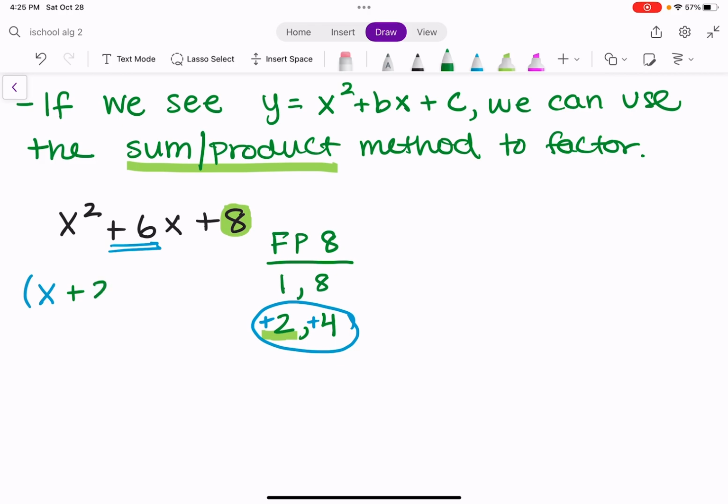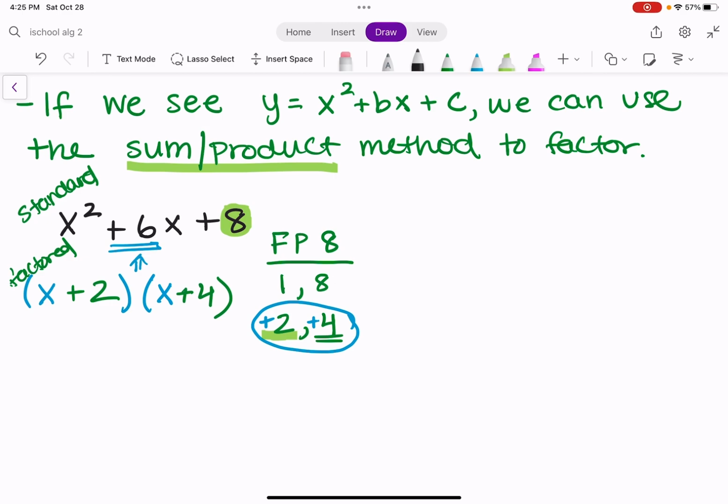So plus 2, and then I have x, and then plus 4, okay? So whatever these numbers are, that's what goes in. And remember, this is our standard form, and this is our factored form now, right? And if you notice, you can actually go back to standard form by doing the box method or FOIL, right? So we're kind of doing the opposite of FOIL.